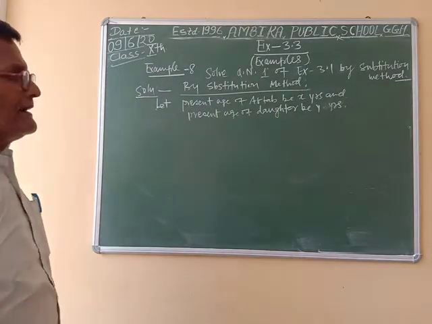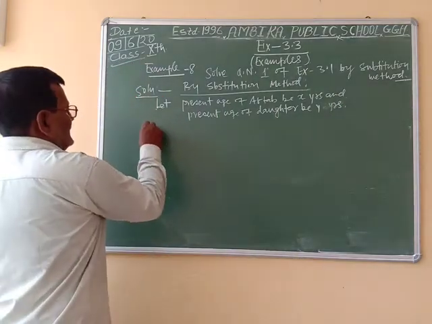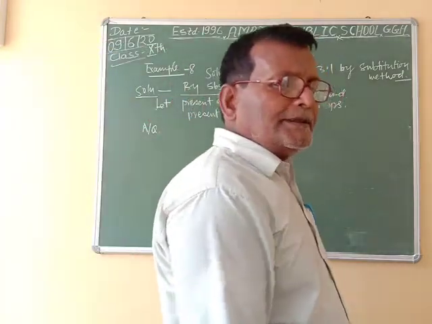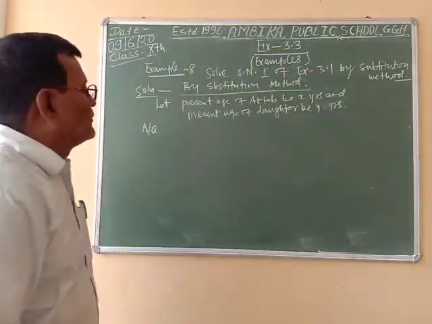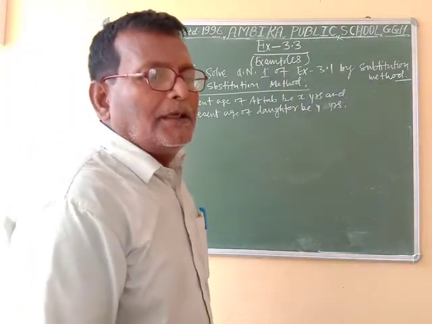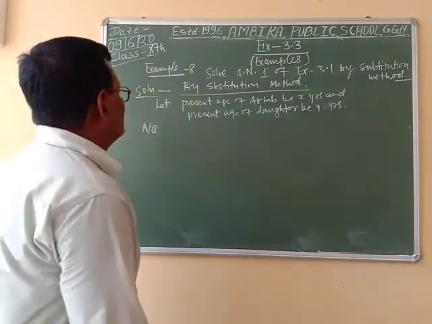According to the first condition, Aftab tells his daughter, 7 years ago I was 7 times as old as you.